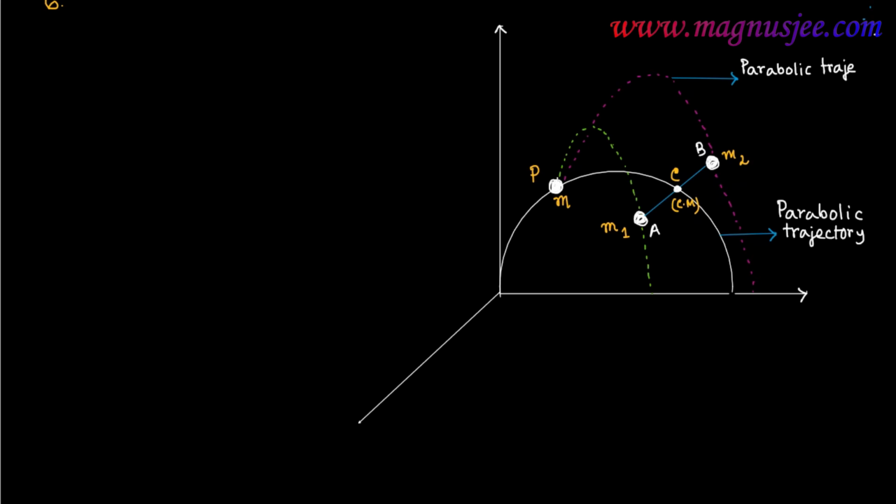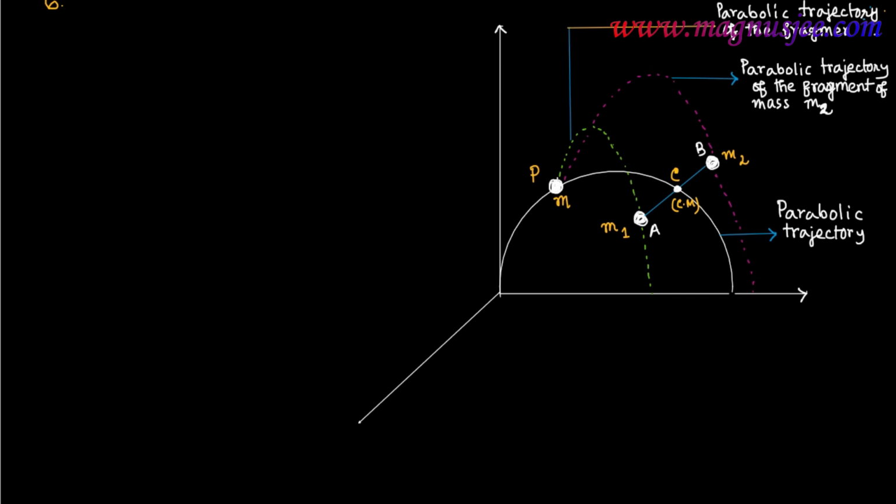So this is the parabolic trajectory of the fragment of mass m2, and that is the parabolic trajectory of the fragment of mass m1.